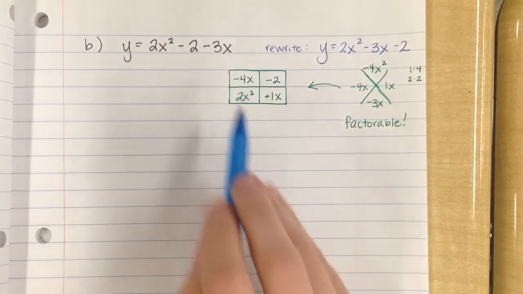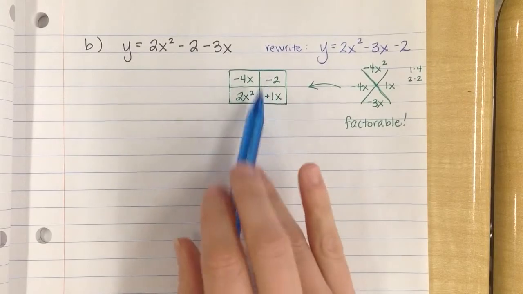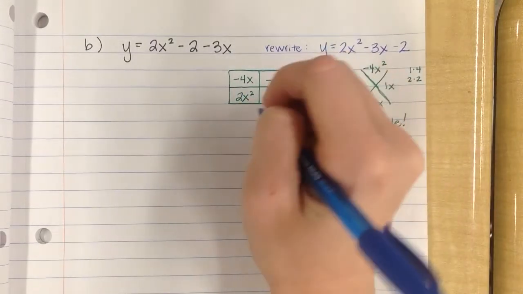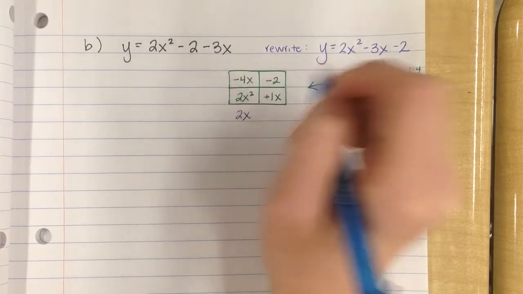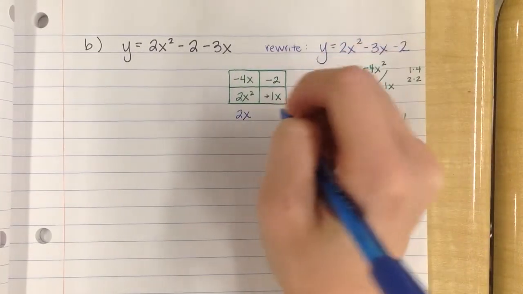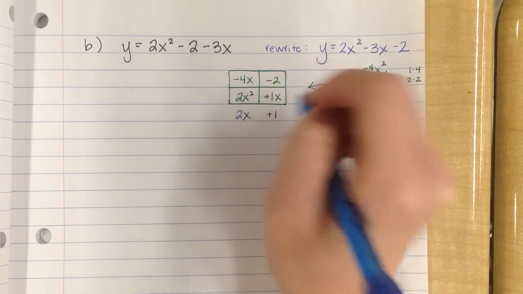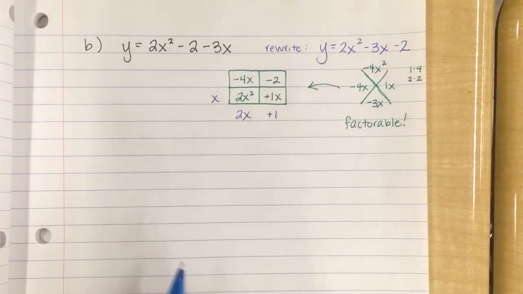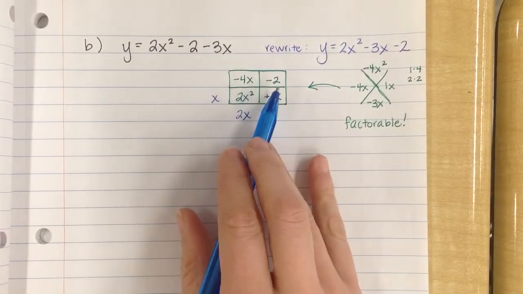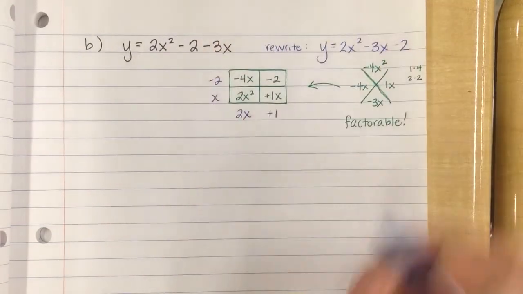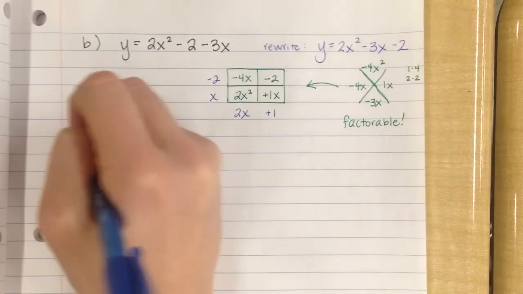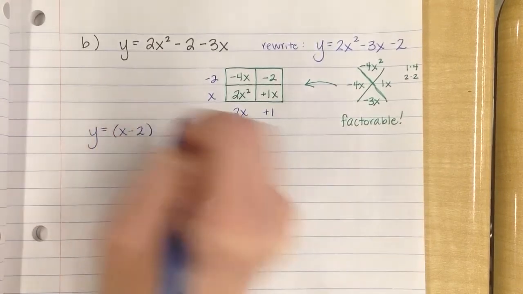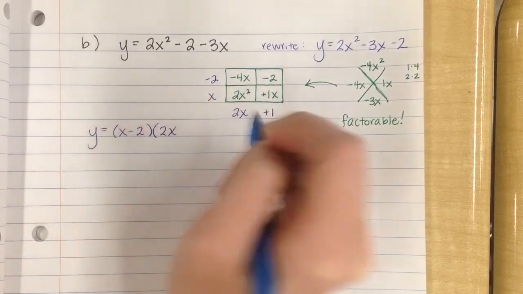Then I find the commonalities between each of the horizontal and vertical alignments. -4x and 2x squared share a +2x. -2 and +1x share a +1. 2x squared and 1x share just an x. And -4x and -2 have a common value of -2. Which is why our final answer is y equals x minus 2 times the quantity of 2x plus 1.